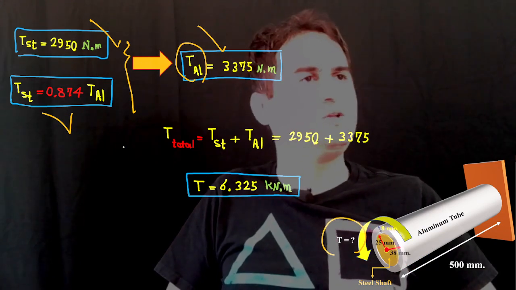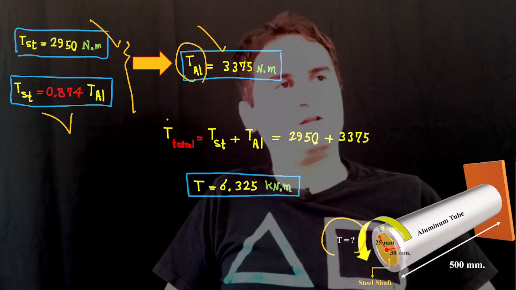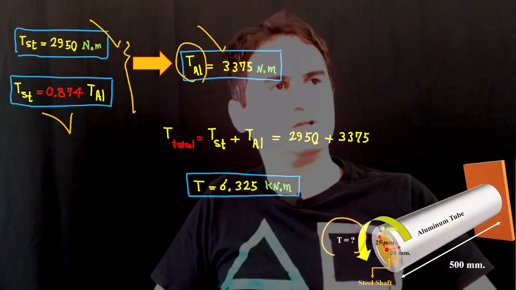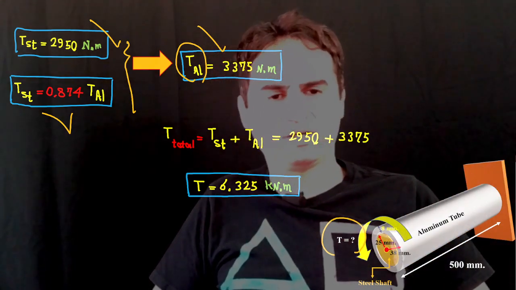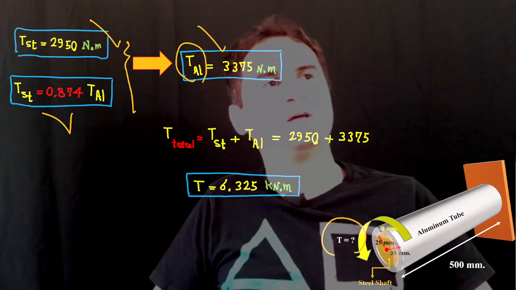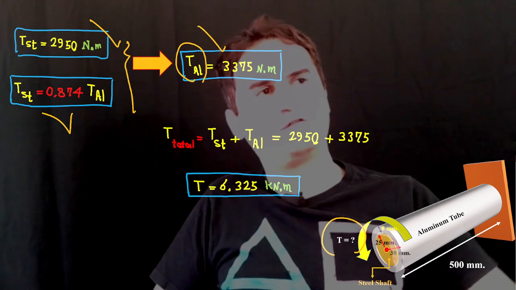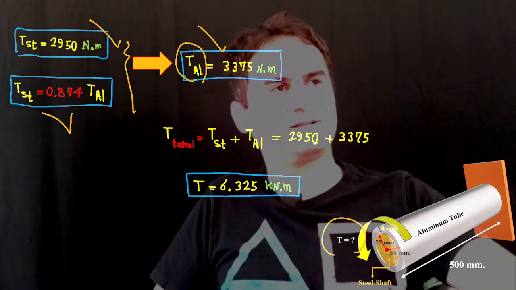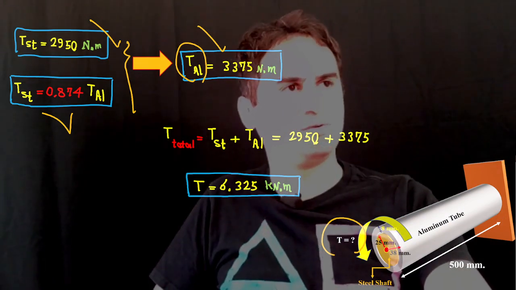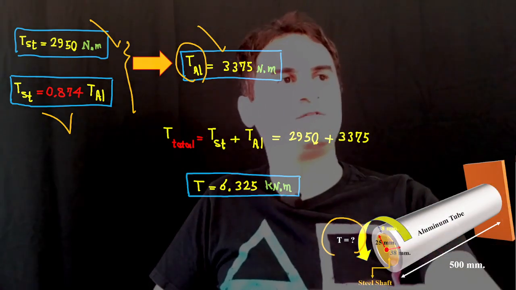There is no need to check the other material, because this time we just assume that steel is controlling. There is no need to check if aluminum is passing or exceeding the allowable, because we first took the assumption that aluminum is controlling. If aluminum is not controlling, definitely steel is controlling.